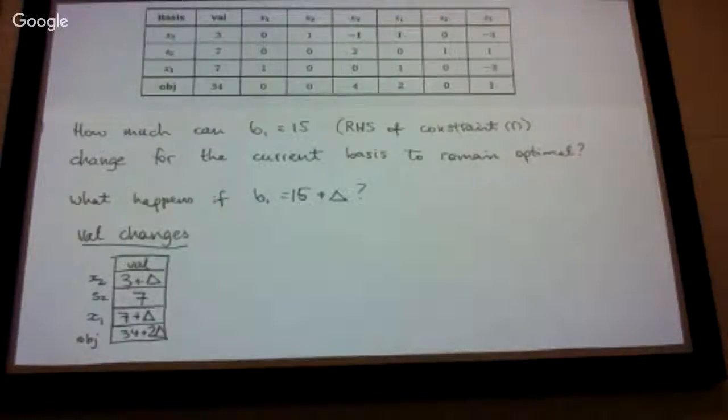Okay, in this tableau, what could go wrong? If your delta is less than -3, then you'd have -5.